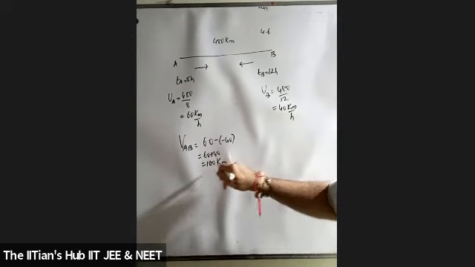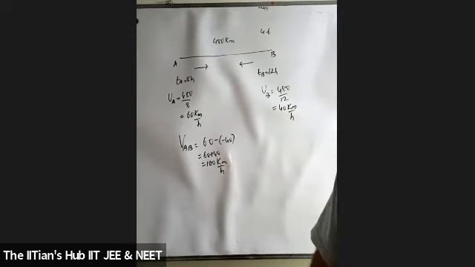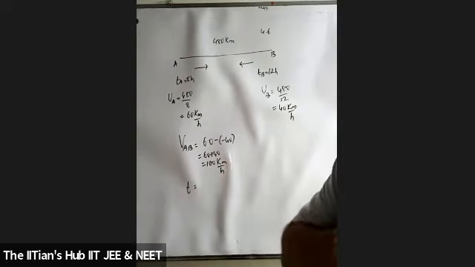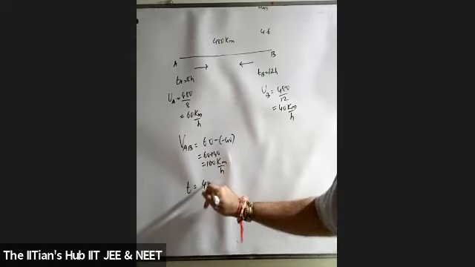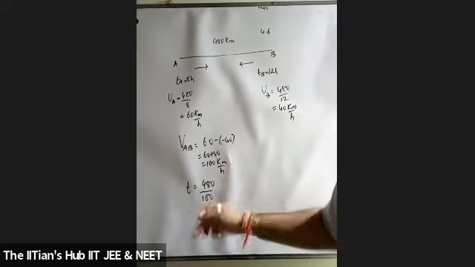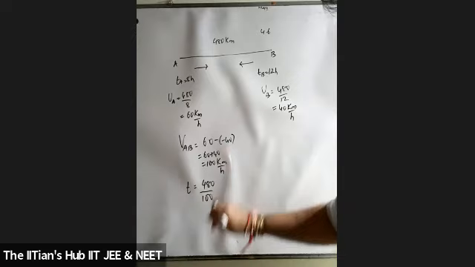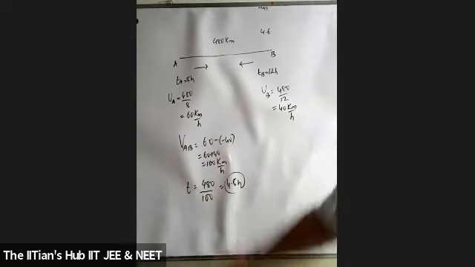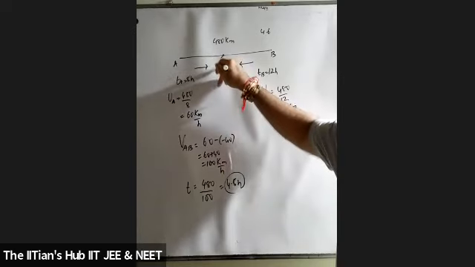Now we can find out the time. Distance is 480 kilometers, and speed is 100 kilometers per hour. So time is 480 by 100, which is 4.8 hours. And the distance from point A will be 60 into 4.8.